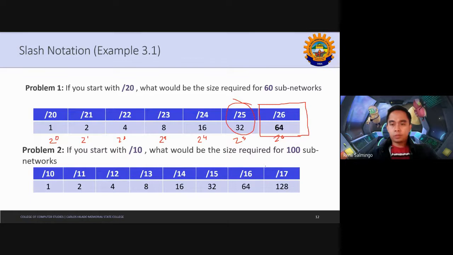For this, 64 is lacking, so we will move to the maximum value, that is /128. This is the number of subnetworks that can be used for 100 subnetworks. So you have 1, 2, 3, 4, 5, 6, 7, 8. So 8.